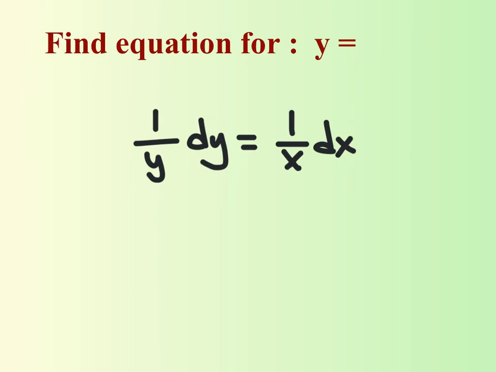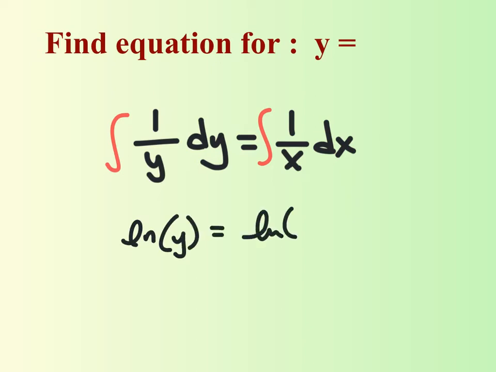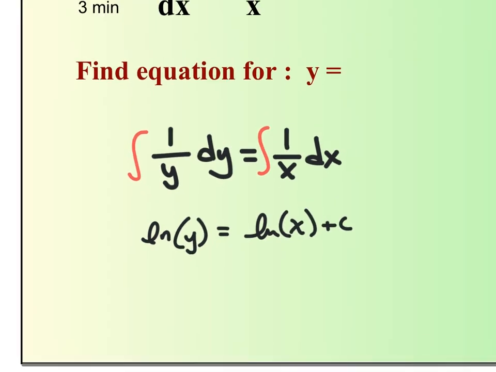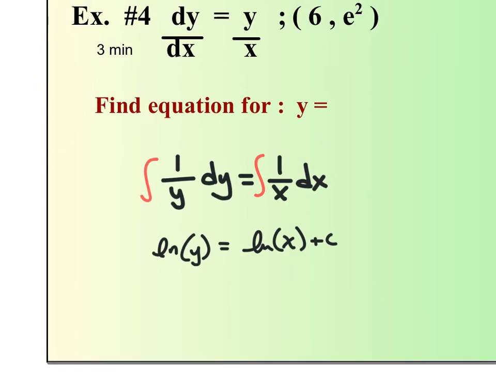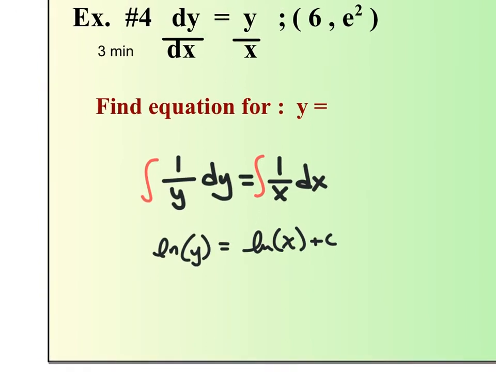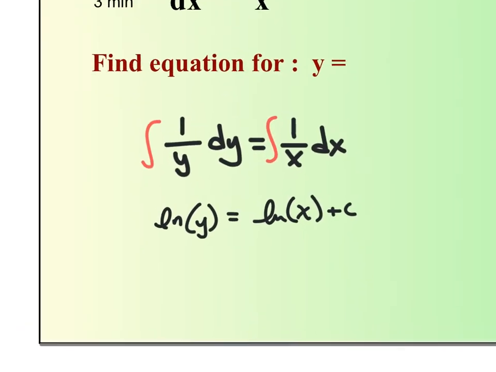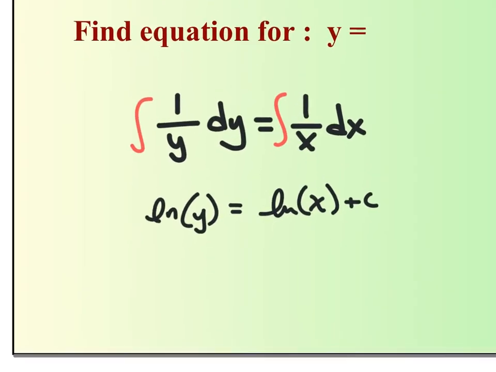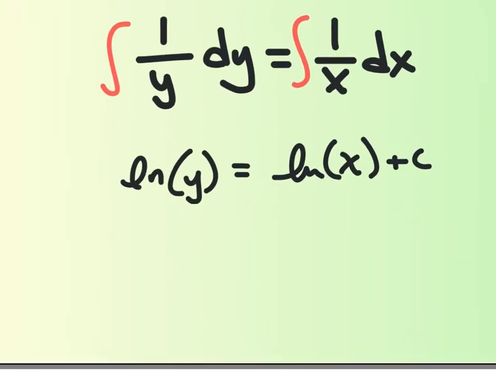So if I integrate both of these with respect to their given variables, I get the natural log of y equals the natural log of x plus c. At this point, there's not a whole lot of simplifying I can do. So when y equals e squared, x equals 6.